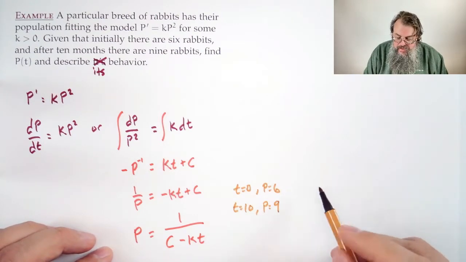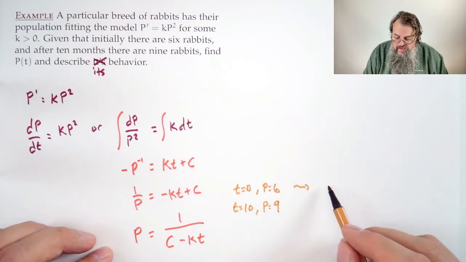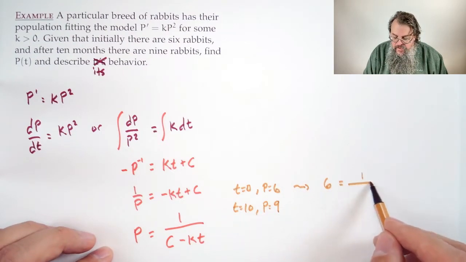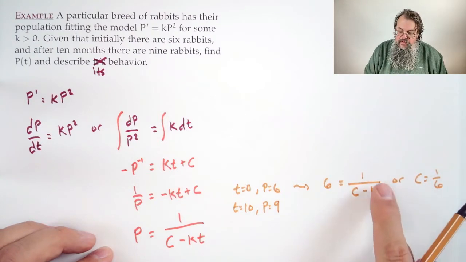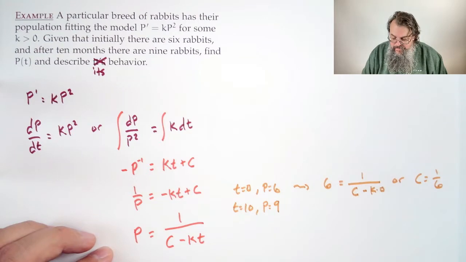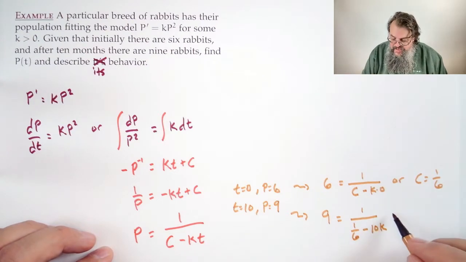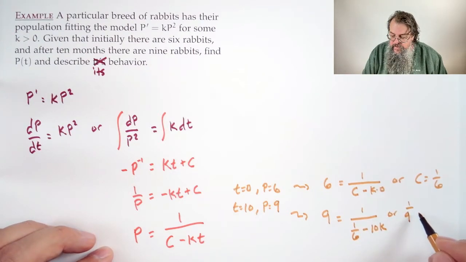So when you plug this in, you'll see that you get 6 is equal to 1 over c minus k times 0, or you get that c equals 1 over 6, right? Because that goes away, you flip both sides. Okay, well, that leaves us with this point. 9 is equal to 1 over 1/6 subtract 10 times k. Well, all right, flip both sides. We get 1/9 is equal to 1/6 subtract 10k.